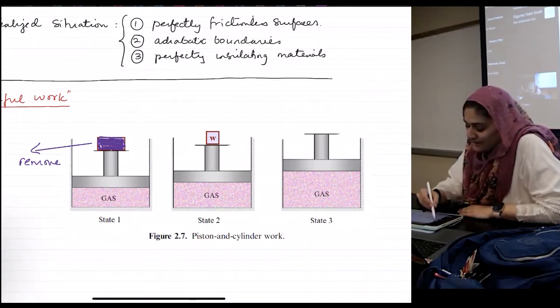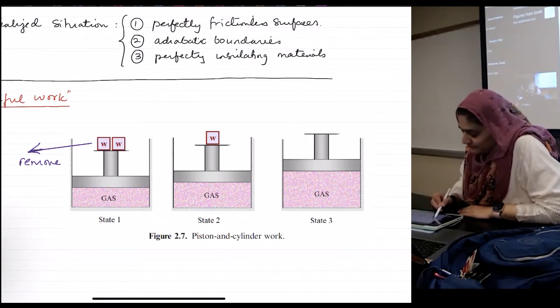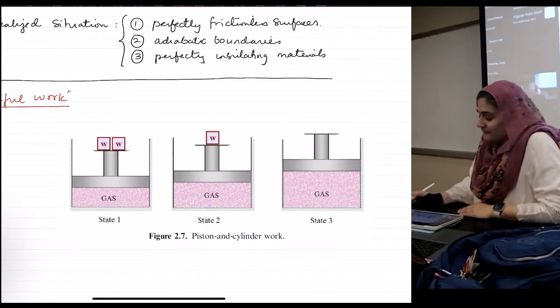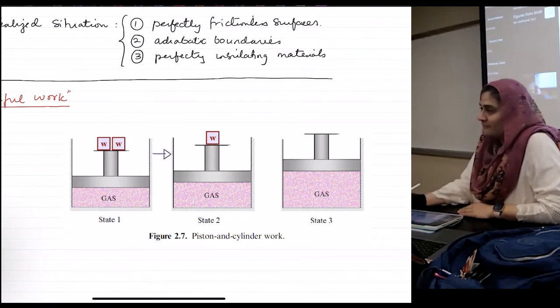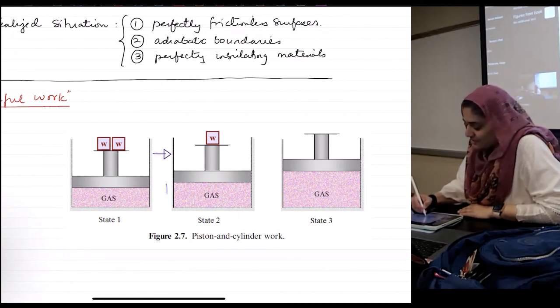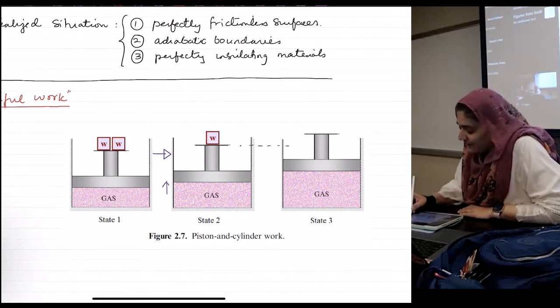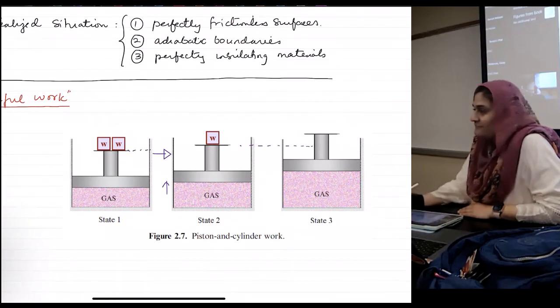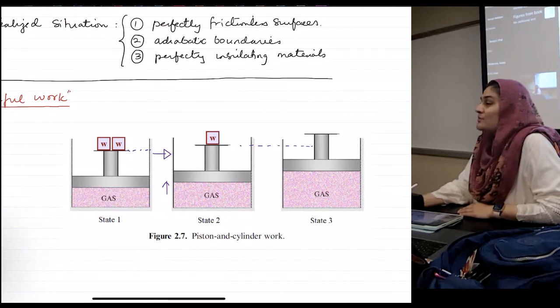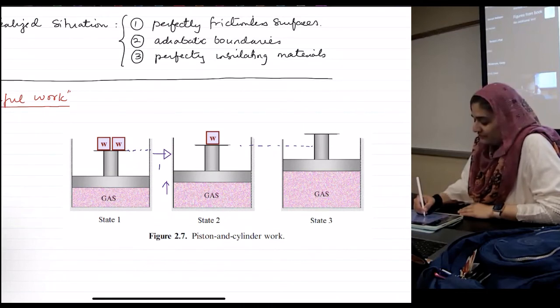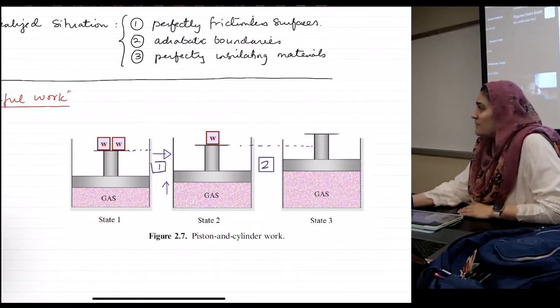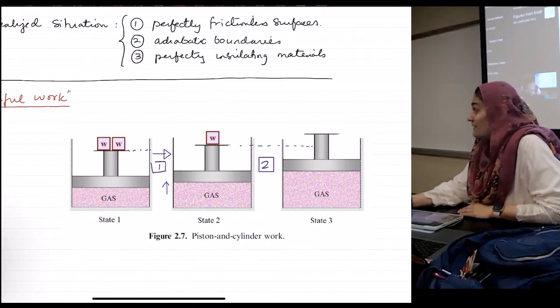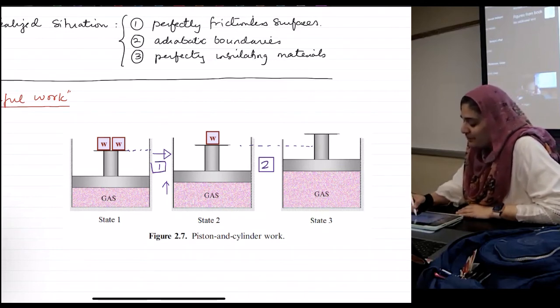Okay, now what's my next solution? Well, we can't heat the gas yet. So if I split my weight into 2, and in my first step, I take half of the weight away, and the piston shoots up a little bit. And then in my next step, I take all of the weight away. In which step was useful work done? So call this step 1 and call this step 2. Where was useful work done? In step 1, right?